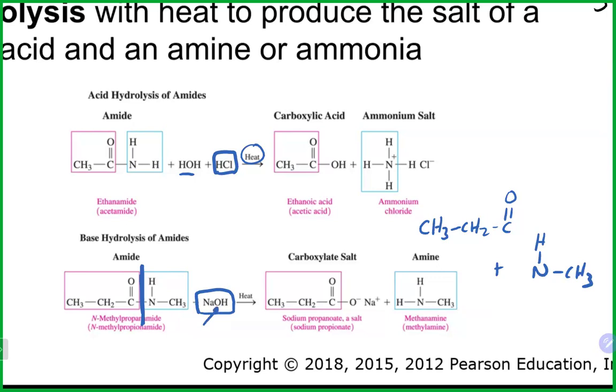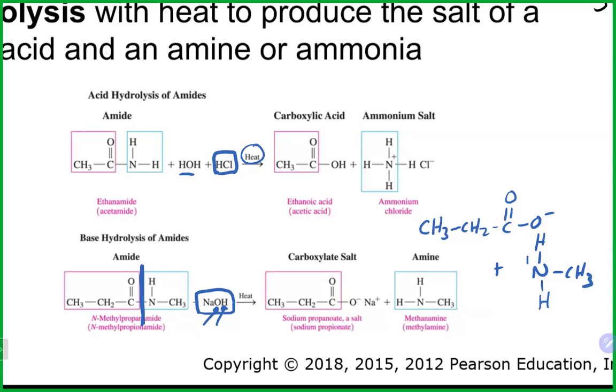We're only going to borrow the oxygen here, and that is what's going to end up over here on this guy. So we won't get the carboxylic acid back, but we'll get that. If you want to keep track, we also have a hydrogen there, and we're going to get a hydrogen that's going to come back over here.